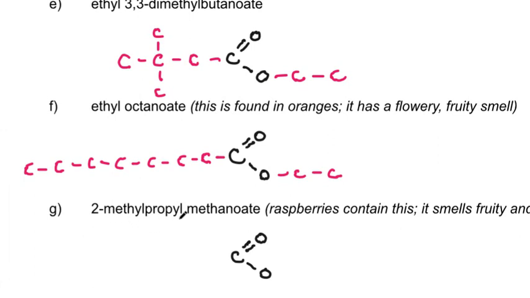We have a propyl group on the single bond, which is 3 carbons. And that propyl group has a methyl group on its second carbon. Then, on the double bonded side, we have methanoate, which is a single carbon, and we'll do the hydrogens for this one just to wrap it up.